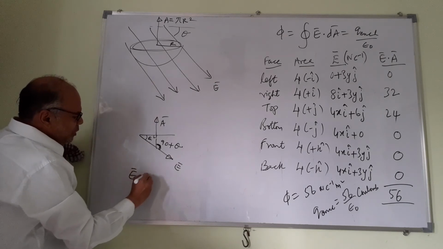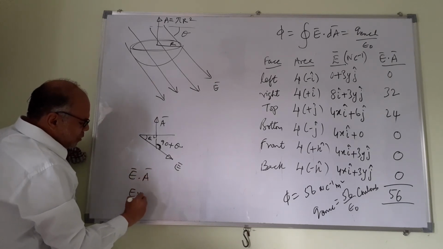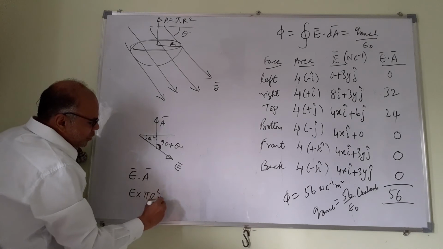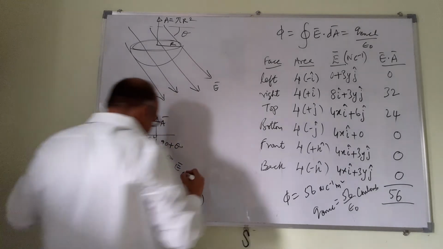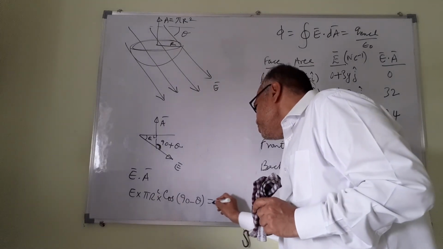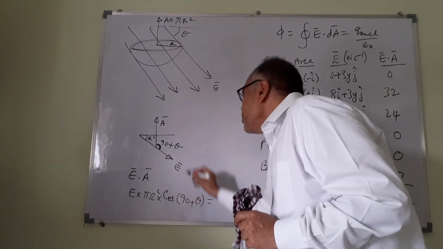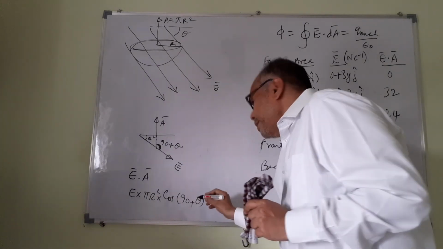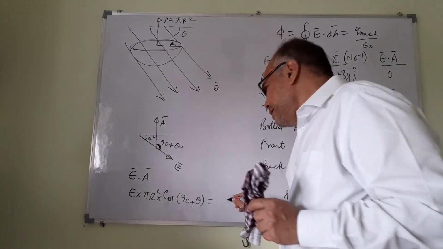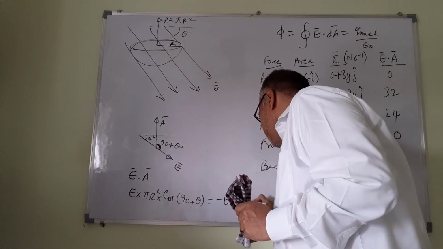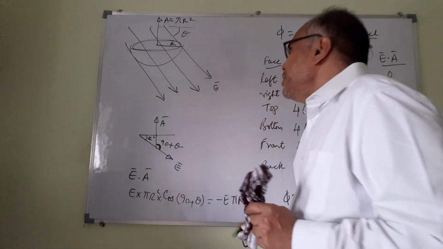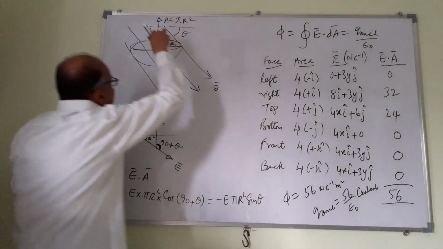So E dot A would be E into pi r squared into cosine of 90 plus theta. Cosine of 90 plus theta is minus sine theta. So you will get minus E pi r squared sine theta. The minus sign shows that the flux is inward.